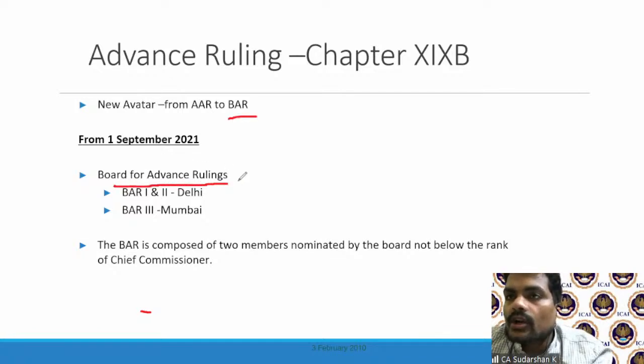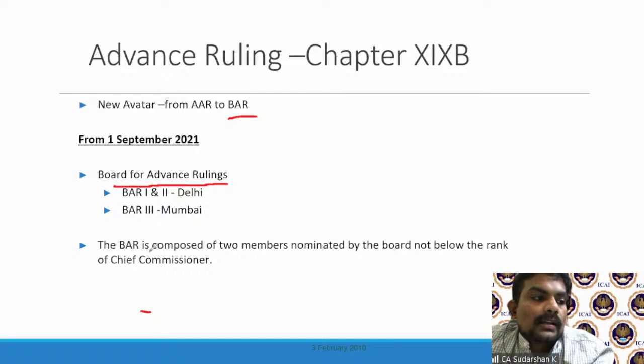This has come under a lot of criticism in the fraternity because AAR, unlike BAR, was a neutral body. There was a retired High Court judge, a Supreme Court judge, and you also had a member from the Indian Legal Service and revenue.